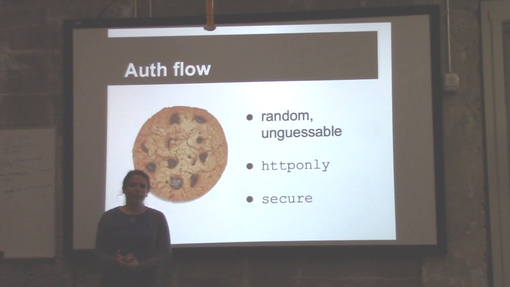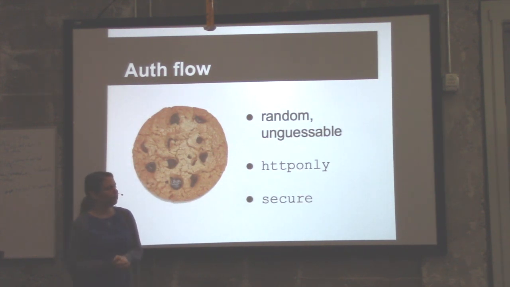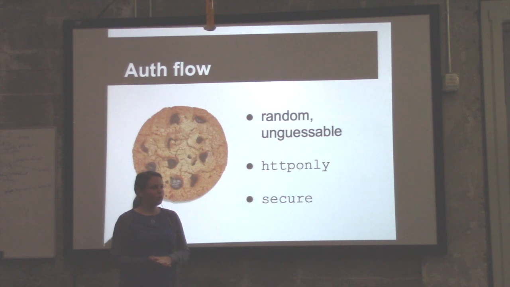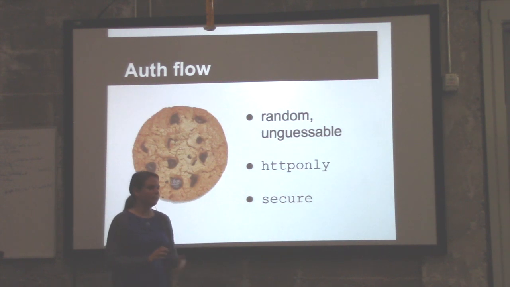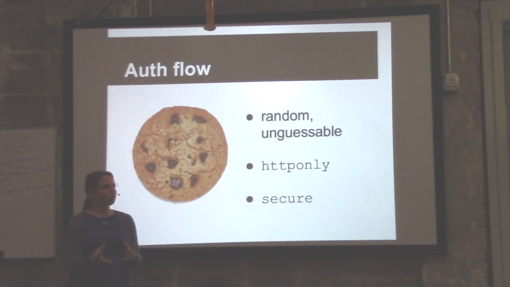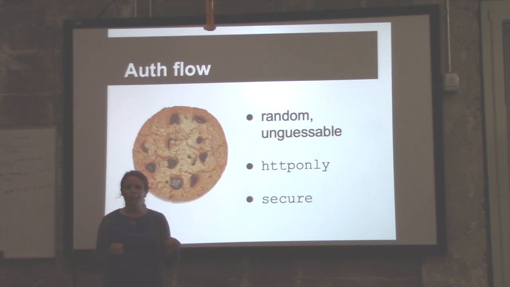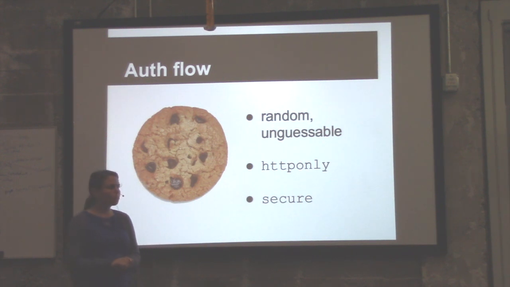The Secure flag is a protection against if you have some configuration mishap in your site and you accidentally have a session cookie going over a non-SSL connection. What this Secure flag will do is it'll tell the browser only send this cookie on SSL connections, don't send it over just plain HTTP. So this is a good defense in depth mechanism if you forget to scope your cookie correctly, or you accidentally have some place on your website where you're sending cookies over a non-SSL connection.